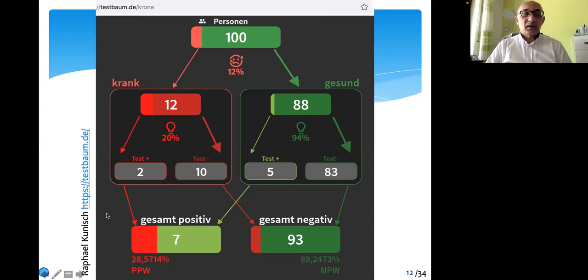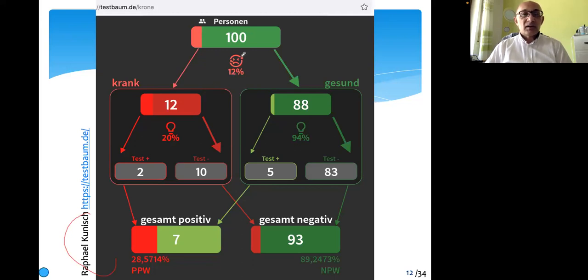Here is a diagram which I made using the Test Baum developed by the researcher, a good fellow of mine, Dr. Rafael Kunish. I suggest you log in here and play around, test it by yourself.